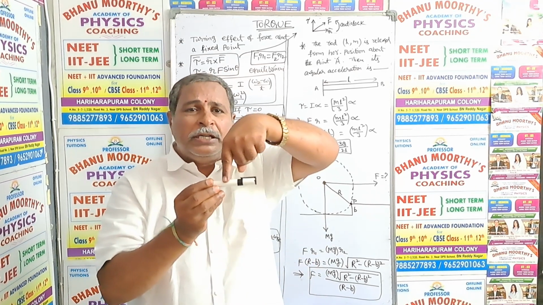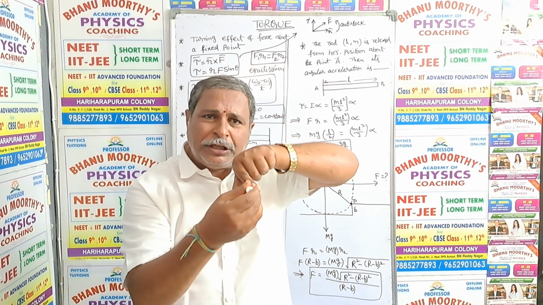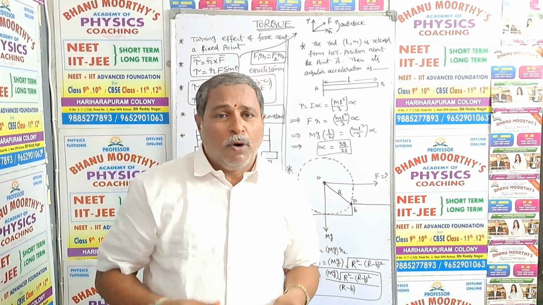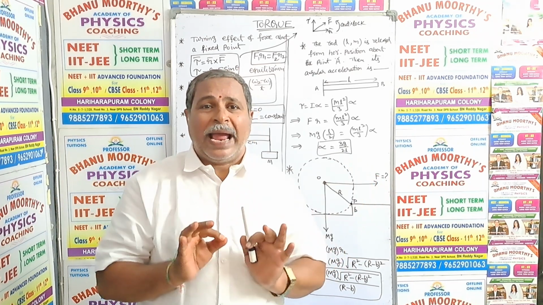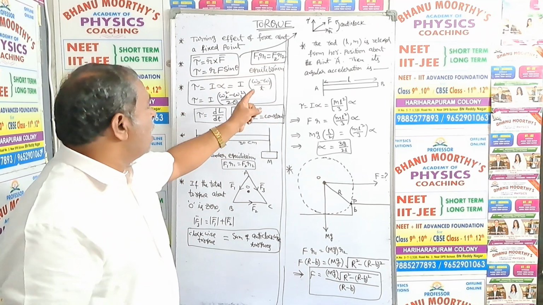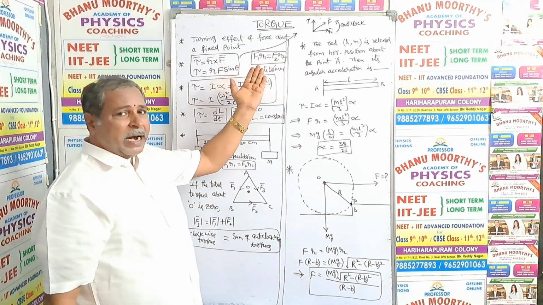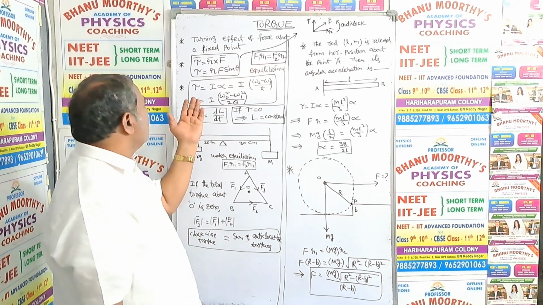About the fixed point, if both torques are equal, the body does not turn, so the turning effect becomes 0. The torque acting on the particle becomes 0. So the condition for equilibrium is r1 F1 equals r2 F2, so that the body does not rotate or spin.